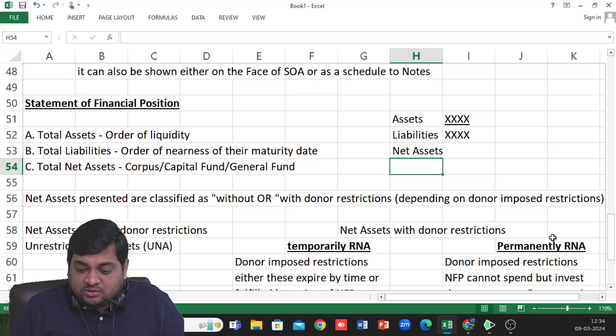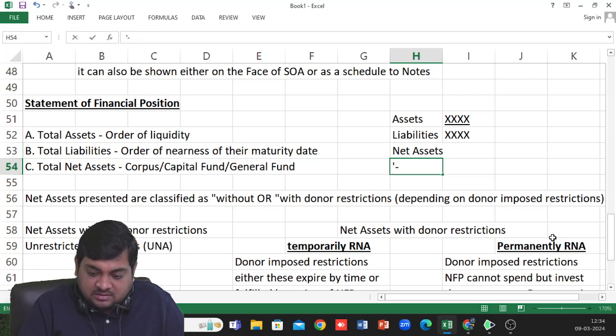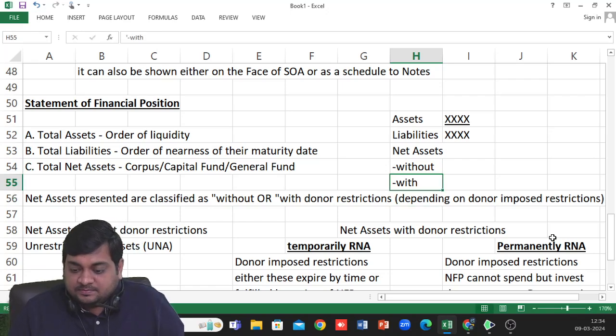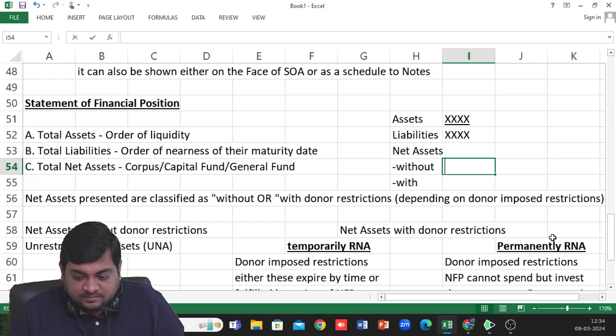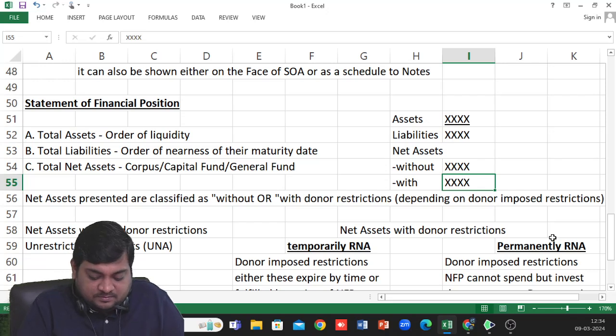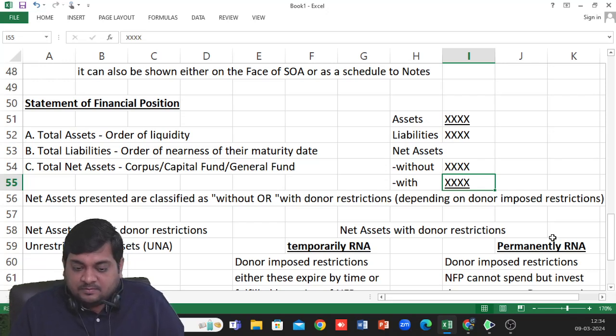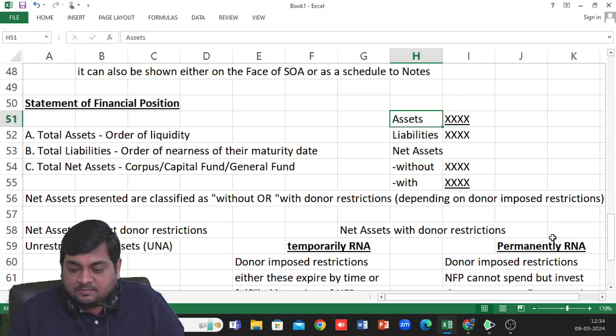In this we have two sections. One is without, then we have with. We can also prepare comparative for 2 years.